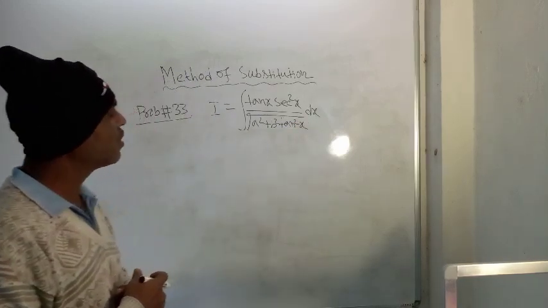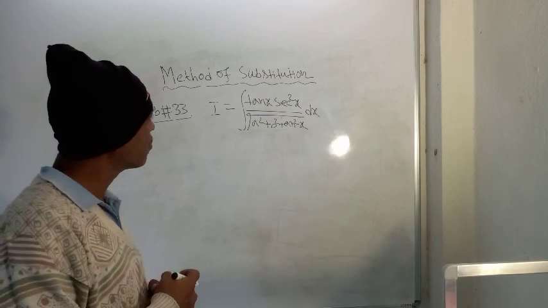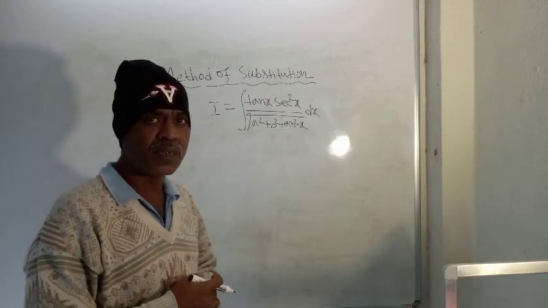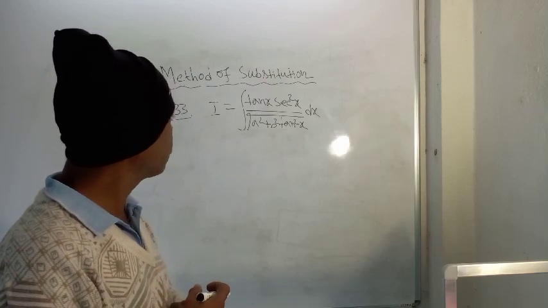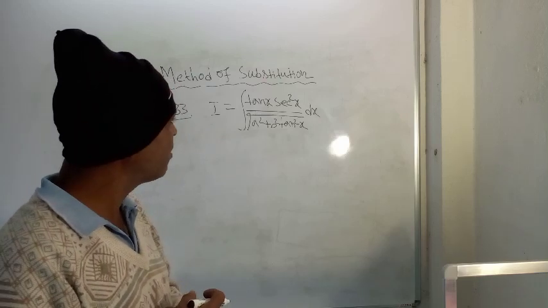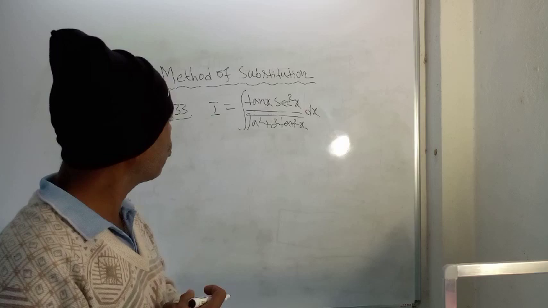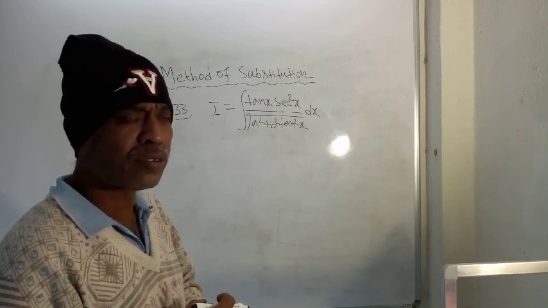Okay, this is the given problem. Here small a and small b both are constants, only variable is x. So this problem is also very easy to solve, though it looks complicated.